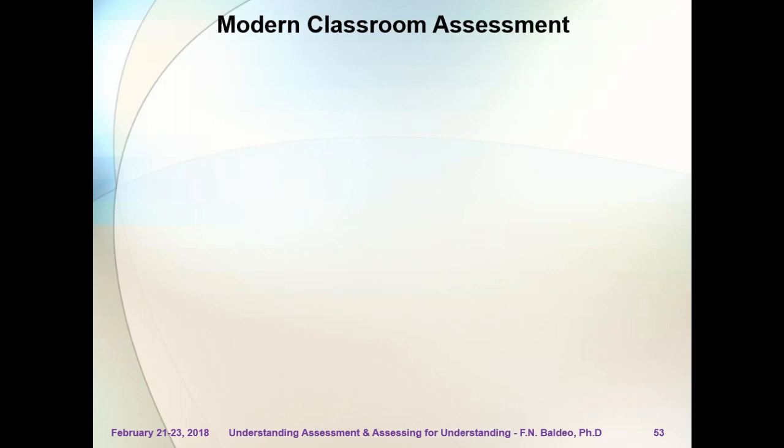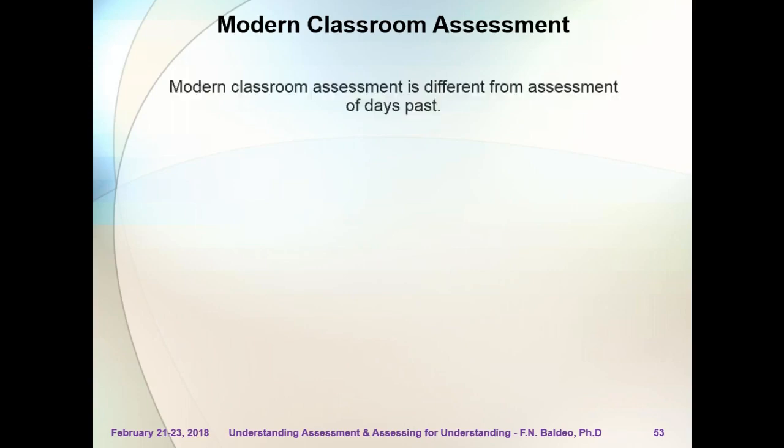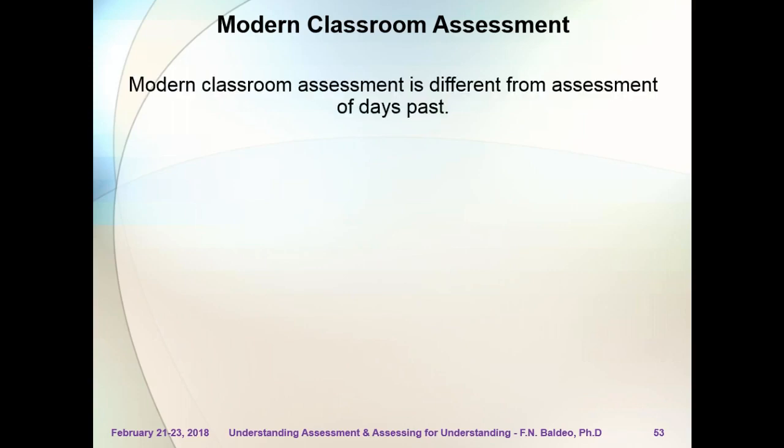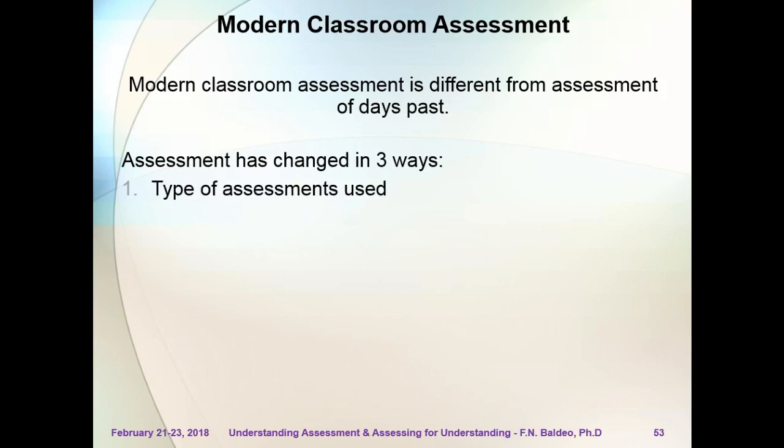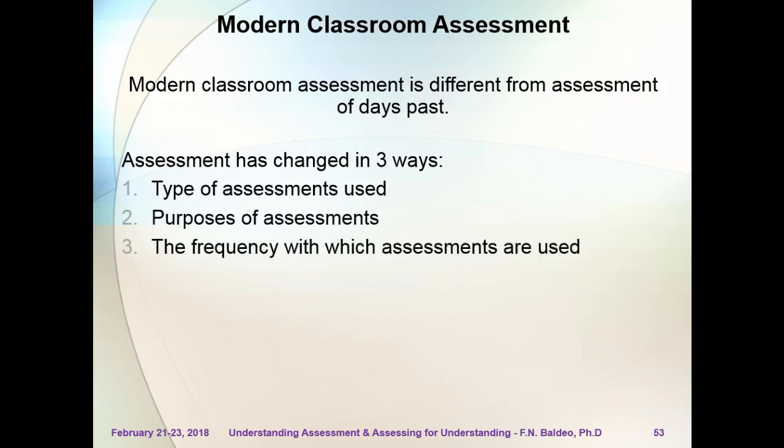Then there's modern classroom assessment, which is different from assessment of days past. Assessment has changed in three different ways: the types of assessment used, the purpose of assessments, and the frequency with which assessments are used. All have been greatly increased in these modern times.